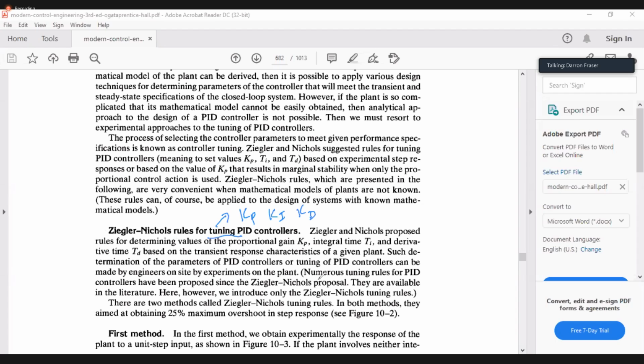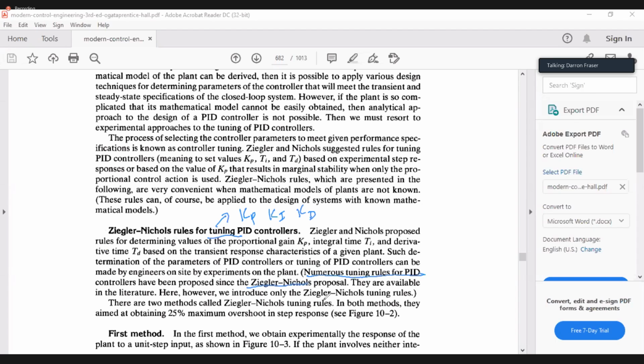All right. So as you see here, numerous tuning rules for PID controllers have been proposed since Ziegler-Nichols. But it's only Mr. Nichols' method they're talking about.